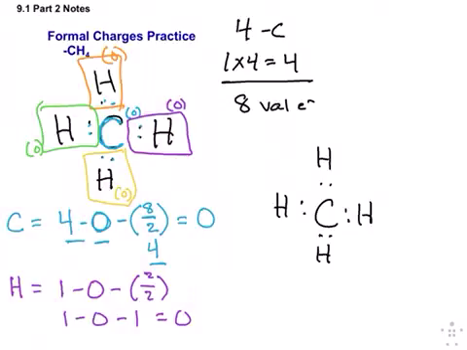Okay? So when we look at, I believe this ClO3⁻ was practice problem 3 from your assignment, we need to first figure out how many valence electrons we need in this compound. How many electrons come from chlorine? 7, 1 times the 7.